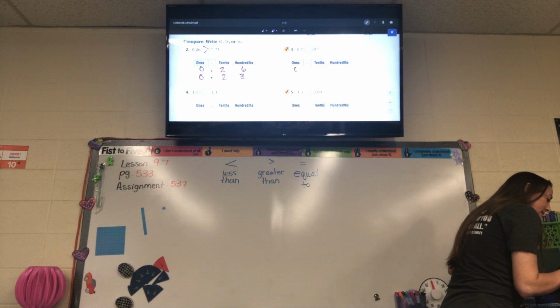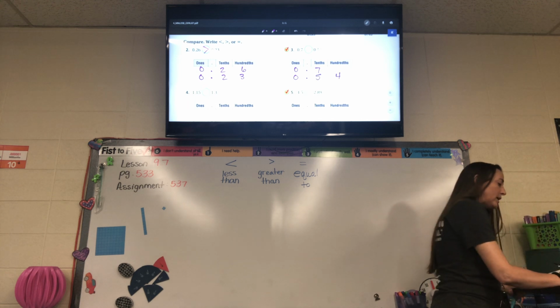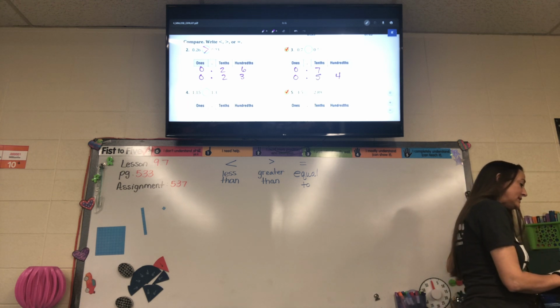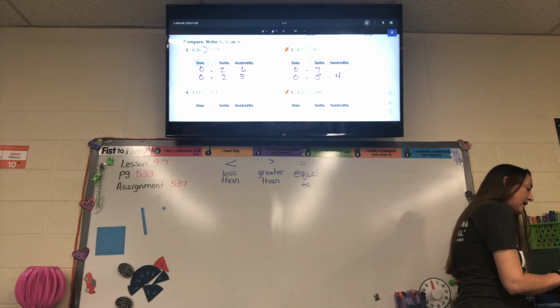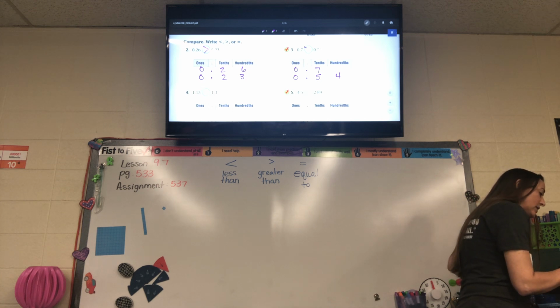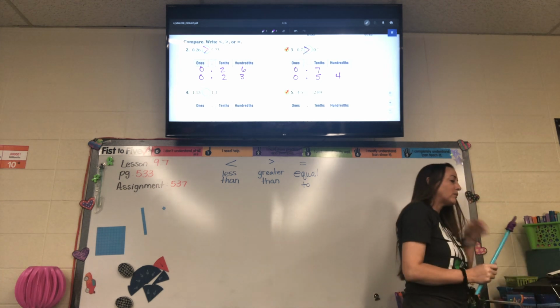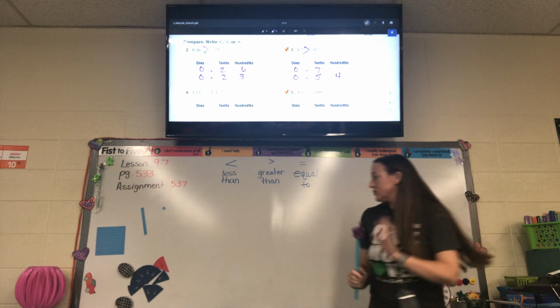Okay, over here we have 7 tenths and 54 hundredths. We start with the ones place, they're the same. The tenths place, we've got a 7 and a 5. 7 is greater than 5, so 7 tenths is greater than 54 hundredths.